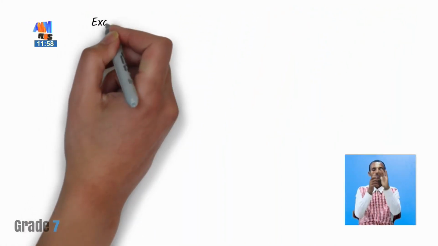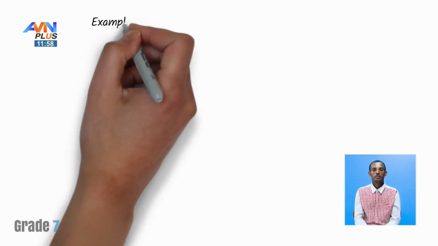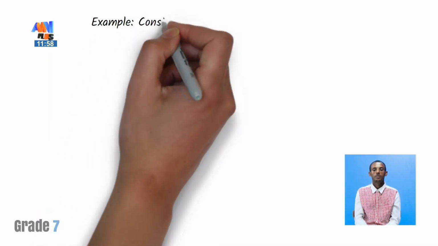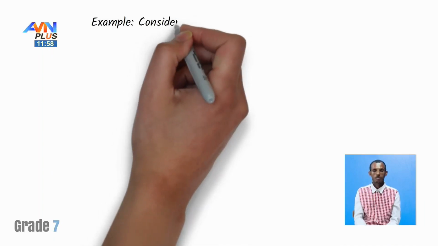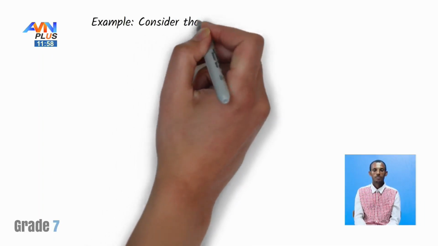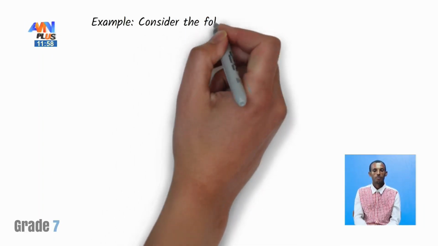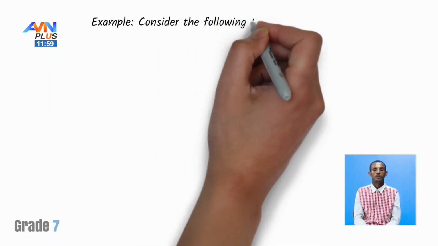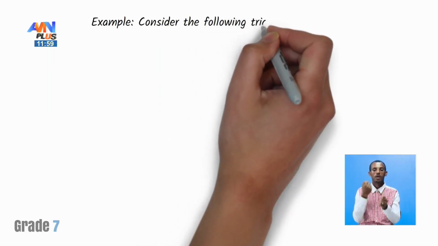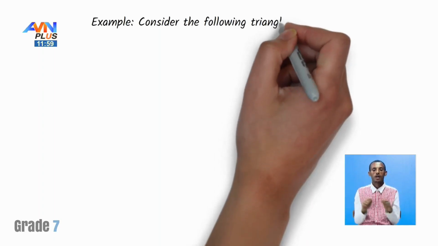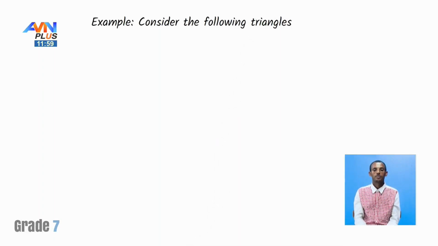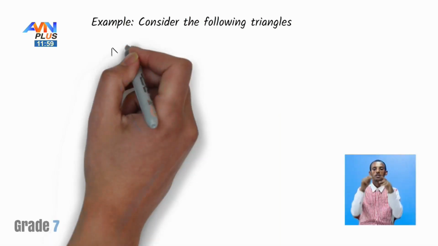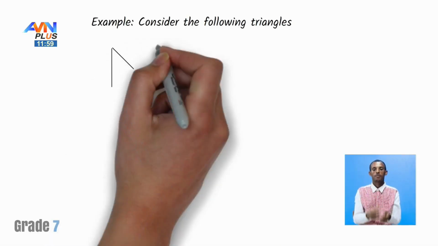Example. Consider the following triangles. Here, this triangle is given.